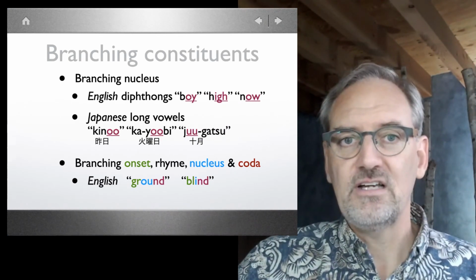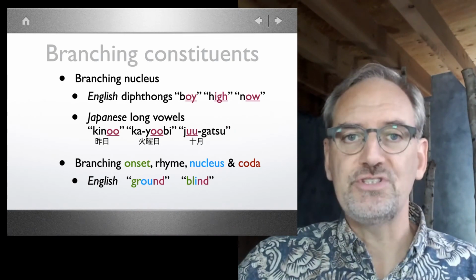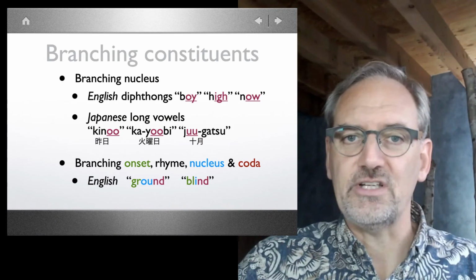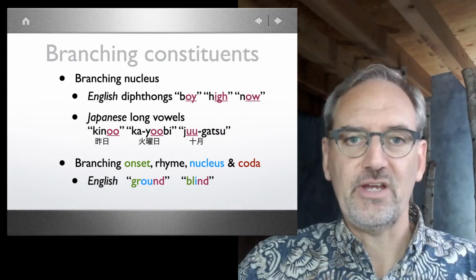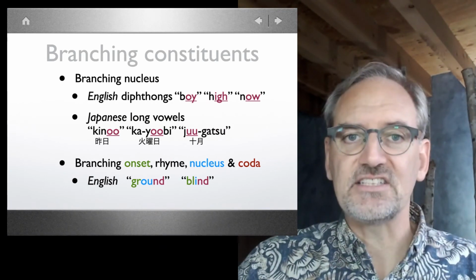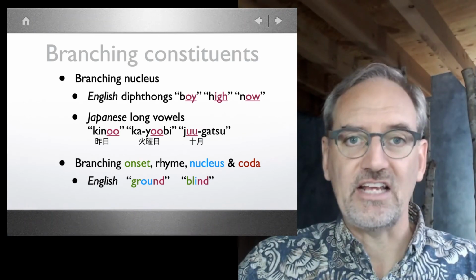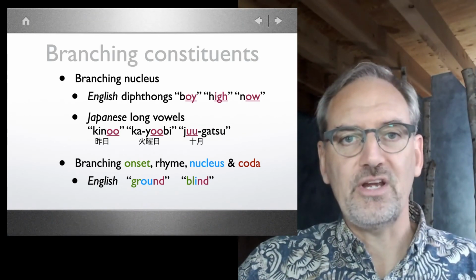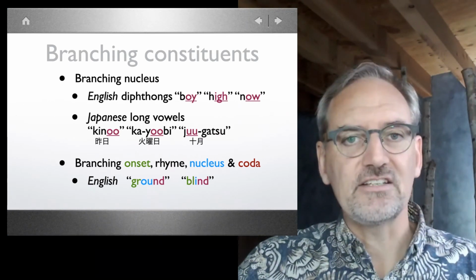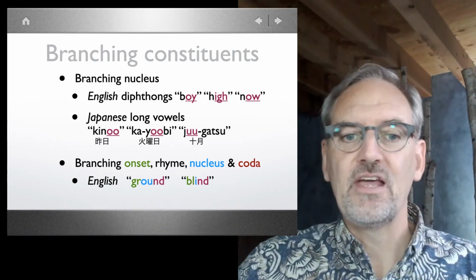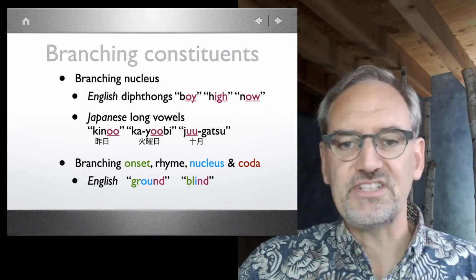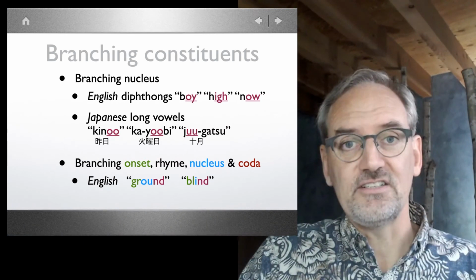Hawaiian, for example, has a maximum of 2 segments in the syllable, 1 in the onset, 1 in the nucleus. In English, you've already seen we can have 6 segments in a single syllable, 2 segments in each of the 3 constituents, onset, nucleus, and coda. And we'll see later there's a special case where we can have even more segments within a single syllable.